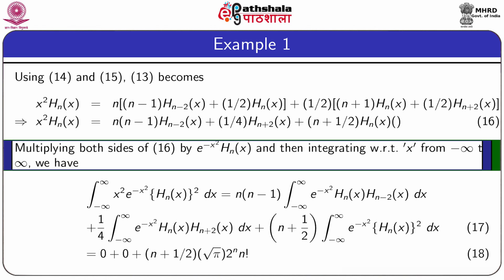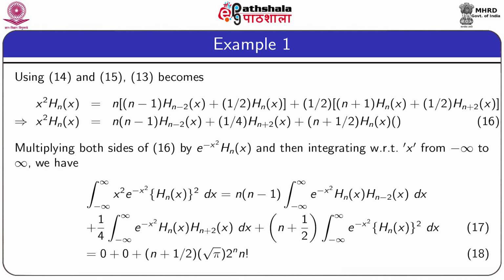We next multiply 16 both sides by e to the power minus x square H_n(x) and integrate with respect to x from minus infinity to plus infinity.